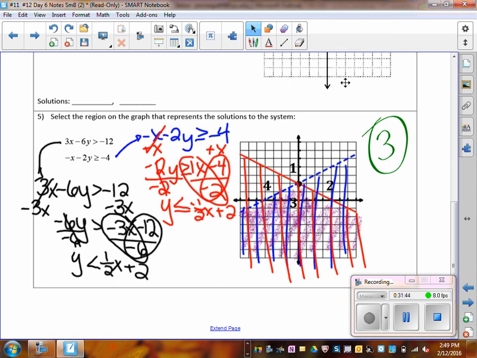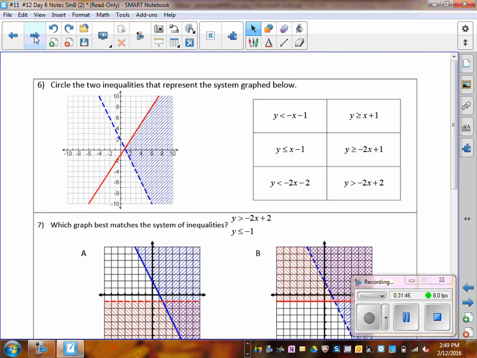All right, so let's take a look at the next one. Number 6. I like number 6 because at first you think you have to do a lot of work, but by using process of elimination, this is actually a really easy problem. All right, so take a look at your graphs.